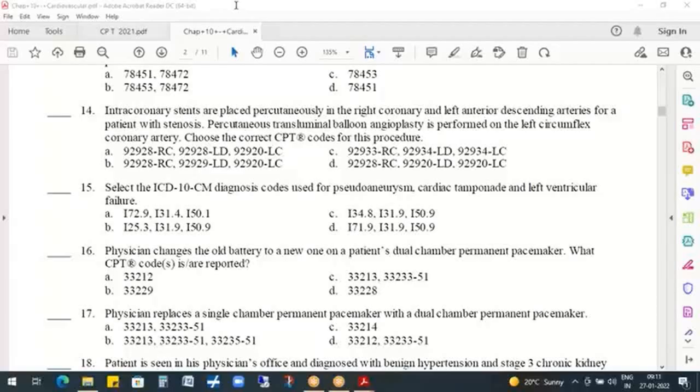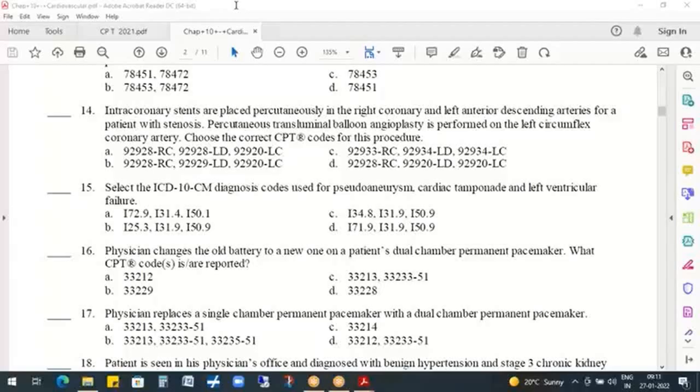It's on page 8. Page number 8. Different physicians are providing service, concurrent care, on the same day for the patient with different problems.